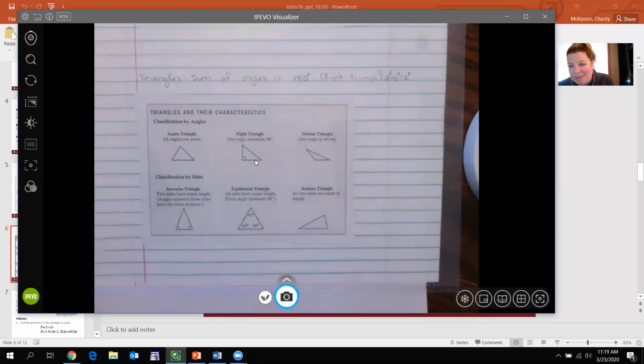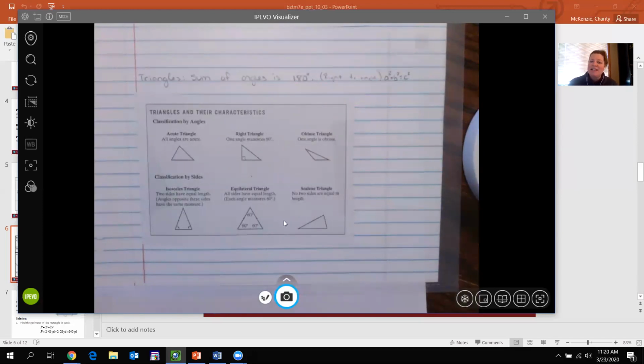The other angles can't be 90, or you'd have part of a rectangle missing a side. Then the last big one with angles is obtuse. If it's an obtuse triangle, one angle, like this one right here, is bigger than 90. So these three classifications are by angles: acute, right, or obtuse.